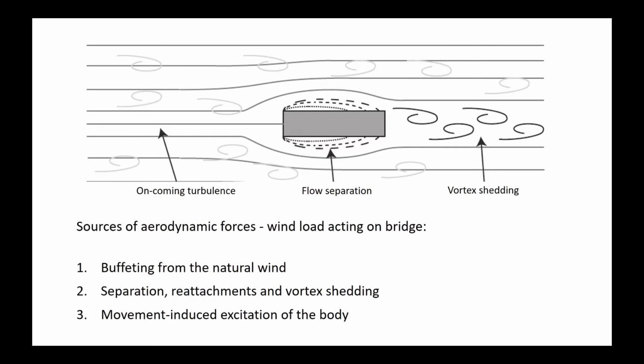The second source of force is due to the separation and reattachment and the vortex shedding that occurs. And then the third one is when the bridge itself, the structure itself, is moving. And then we move into this aeroelastic behavior where the wind is exciting the bridge and the bridge is exciting the wind, and the whole thing becomes very iterative and interactive.